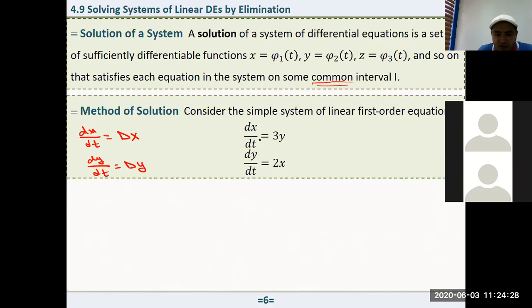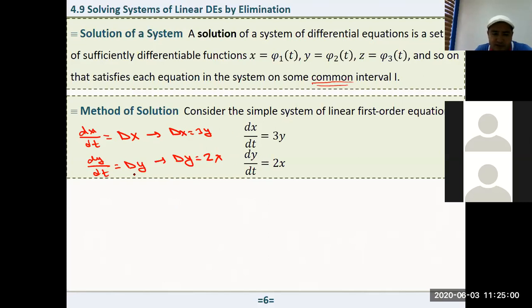Now, if I substitute here, what we have here? We have Dx equals 3y, and here we have Dy is equal to 2x. Okay, these are not independent variables. If they are not independent variables, we better keep them on the left hand side, right? What is the independent variable here?